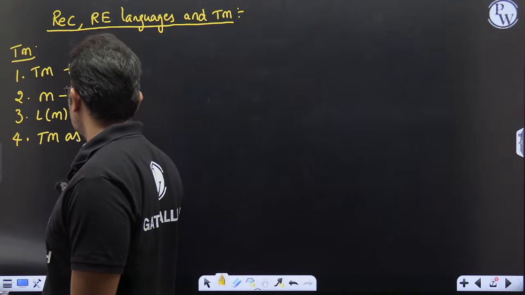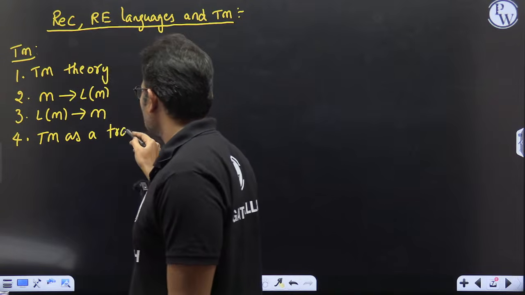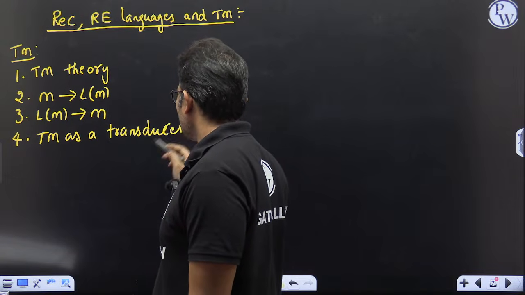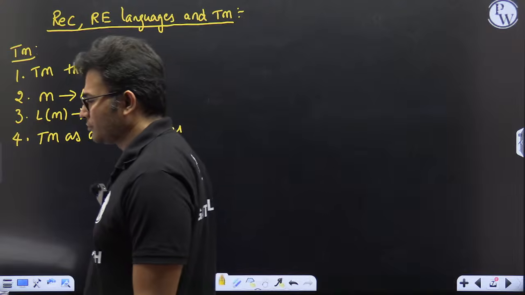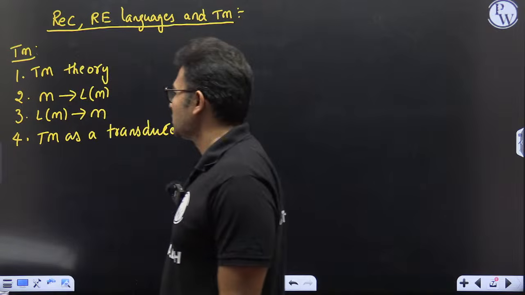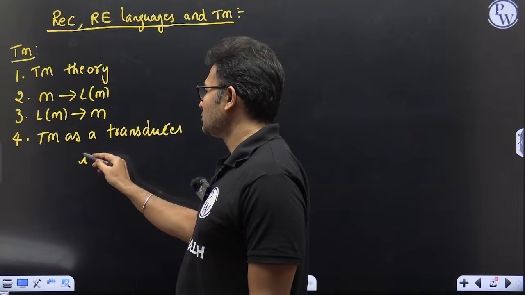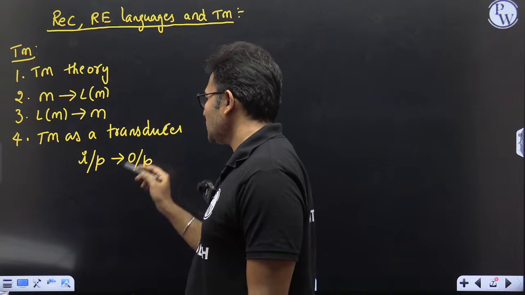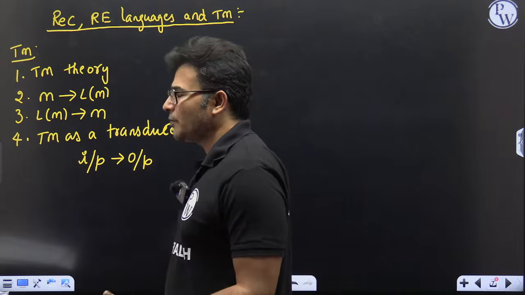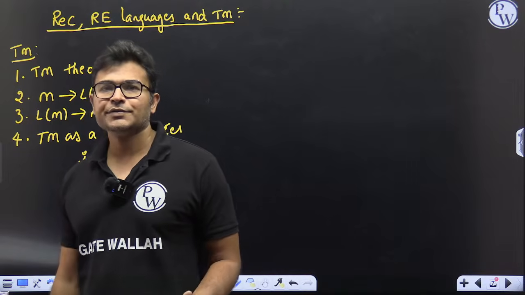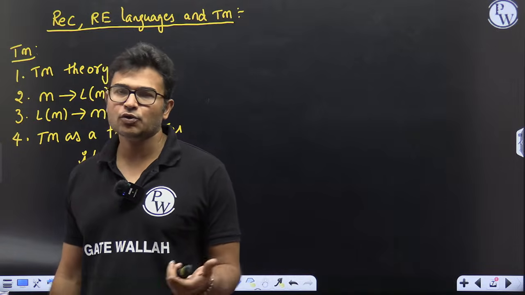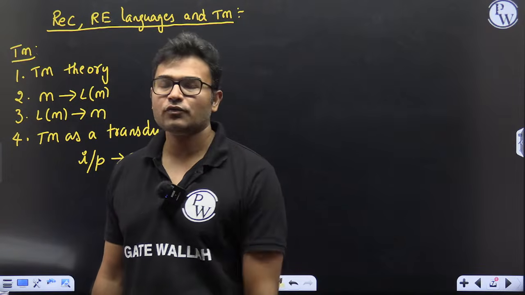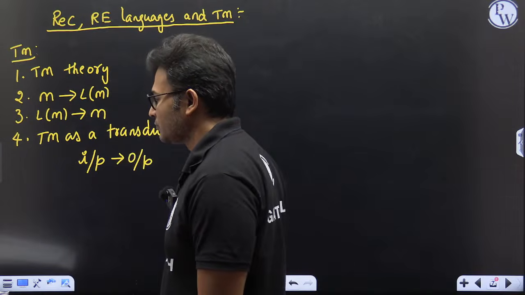Transducer means converting input to output. For example, you can give two numbers and ask the Turing machine to add both of them and give the result. So the input, two numbers, is converted to the addition of the two numbers.